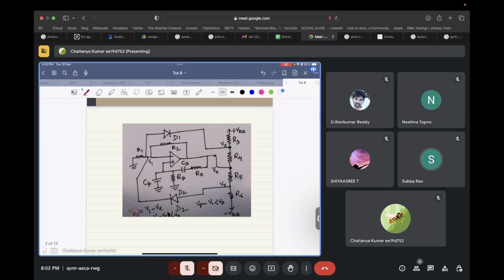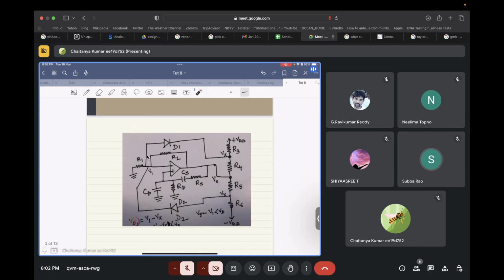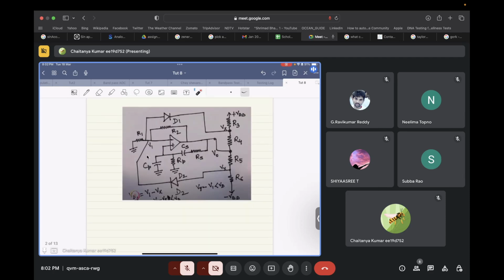So basically, how does this work? Sorry, this is a Wien bridge oscillator. The core of the circuit is only this much. We know that the Barkhausen criteria says that the overall loop gain should be equal to 1 for sustained oscillation.